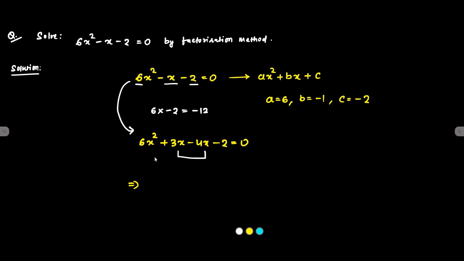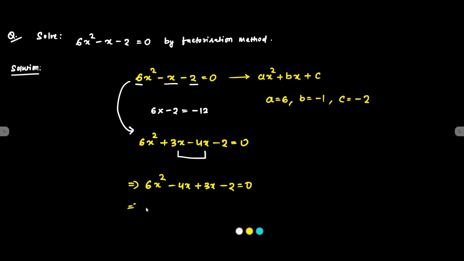So here, let's bring minus 4x to this side: 6x square minus 4x plus 3x minus 2 is equal to 0.